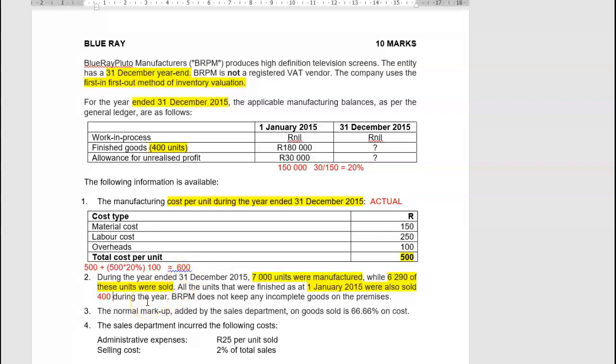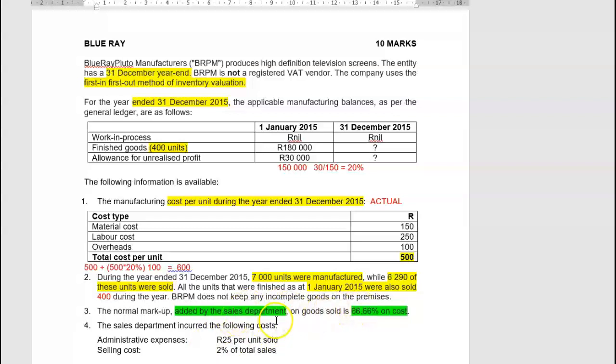BRPM does not keep any incomplete goods on the premises, so work in process doesn't have an opening and a closing balance. Then the normal markup added by the sales department, please do not get confused, is 66 and 2/3% on cost. Now, it is important that you realize that the sales department already receives these goods from the production area at an inflated cost.